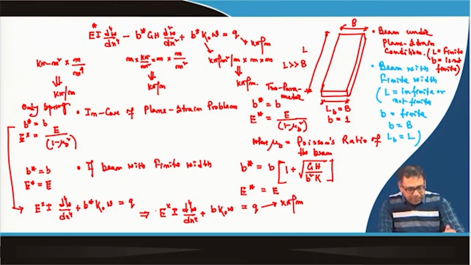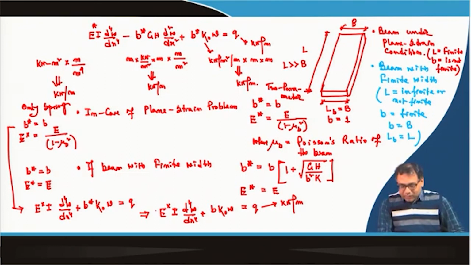But in all the cases, if your beam is under plane strain condition, remember that you have to replace E also, E by E divided by 1 minus mu square, whether the beam is resting on spring or the beam is resting on the 2 parameter model. So, if the beam is under plane strain condition, then you have to replace E star under both conditions, that means the beam on spring or the beam on the 2 parameter model.